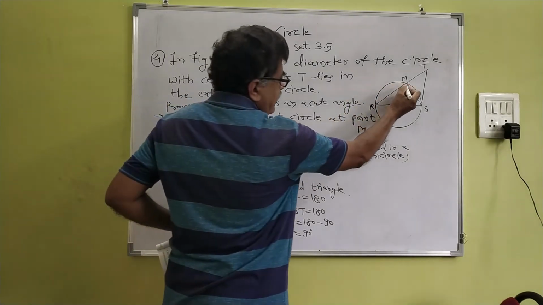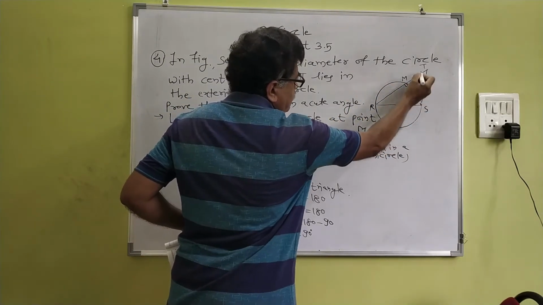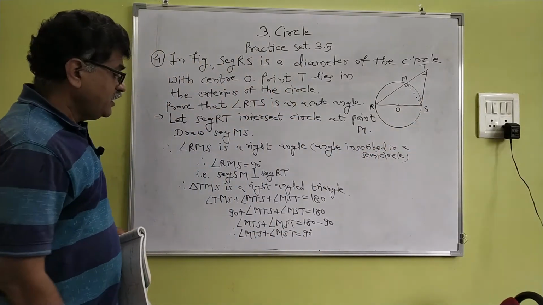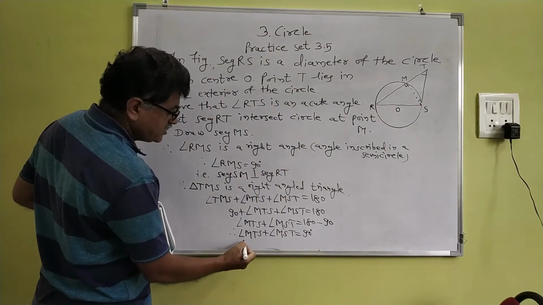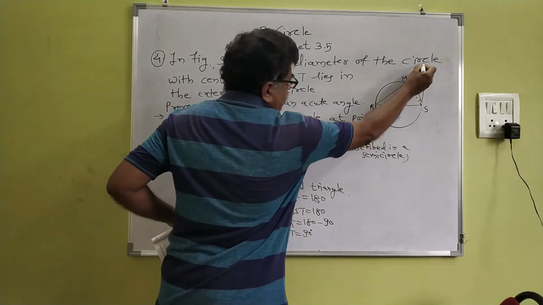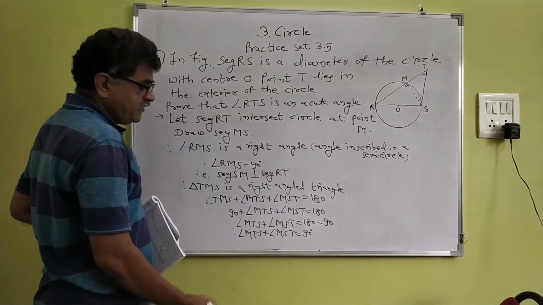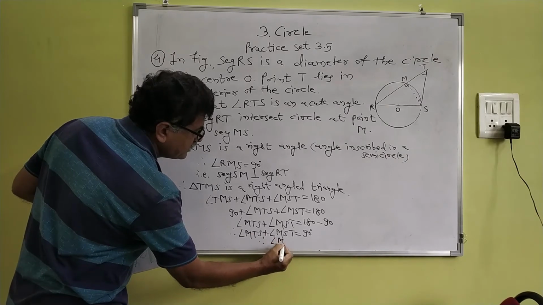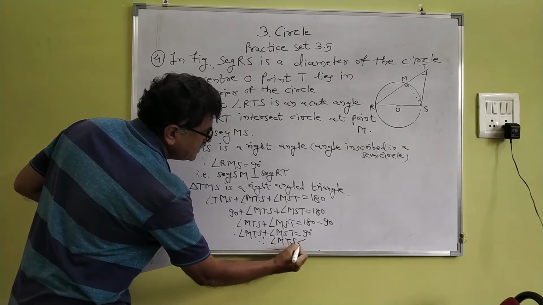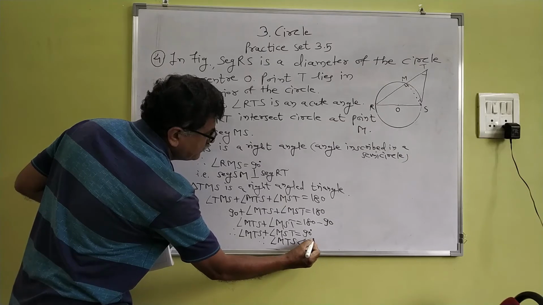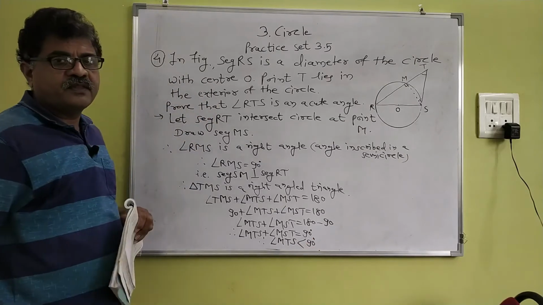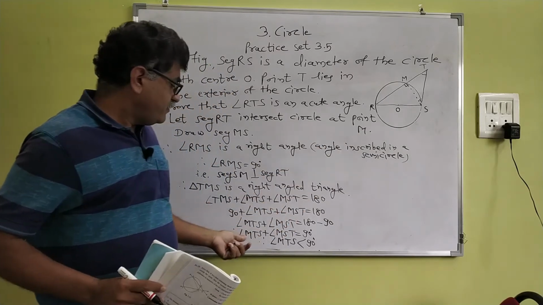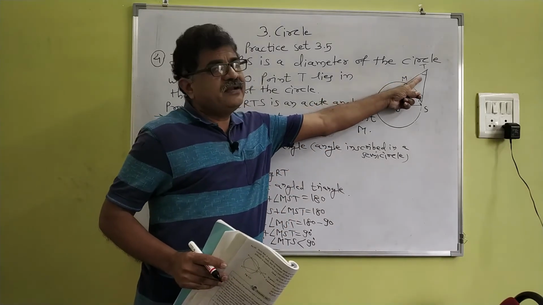That is, the sum of these two angles is 90 degrees. Means angle MTS is less than 90 degrees. Therefore angle MTS is less than 90 degrees, means this angle is less than 90 degrees.